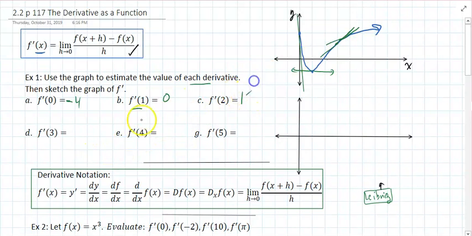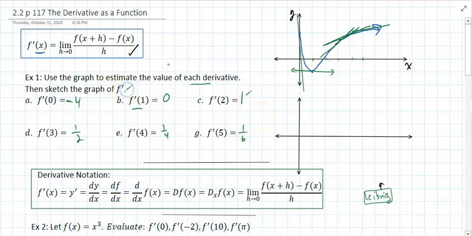If this is 1, I'm going to say this is about a half. How about at 4? Okay, that's not a good tangent line. At 4, I'm going to say that's about a fourth. At 5, well, it looks like this is leveling off. I'm going to say that's like 1 over 5, 1 over 6.